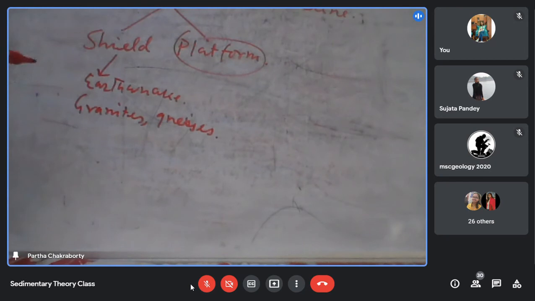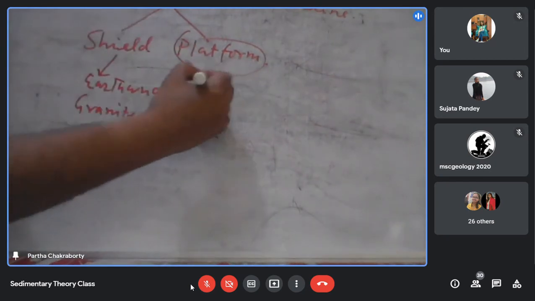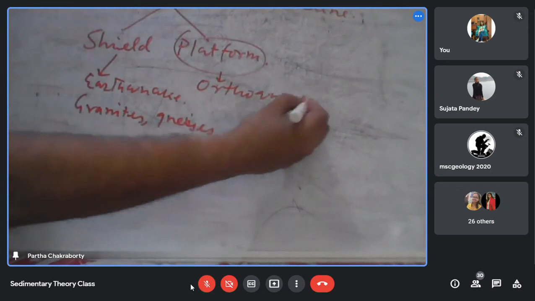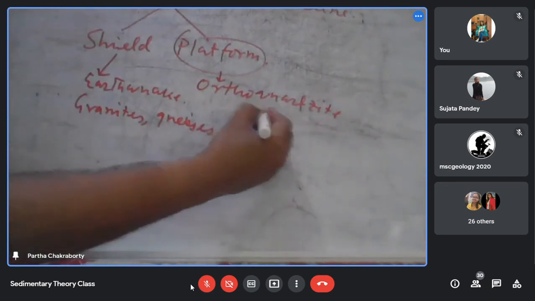The peripheral part of the craton is represented by orthoquartzite plus carbonate.